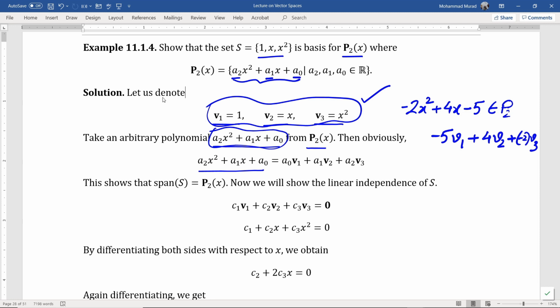Now, we will show the linear independence of the set S. To show that, we consider the defining equation of linear independence: C sub 1 v sub 1 plus C sub 2 v sub 2 plus C sub 3 v sub 3 equals 0.